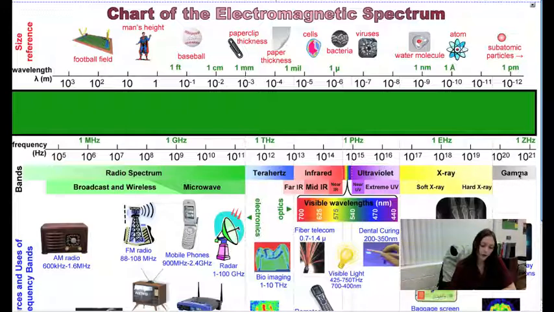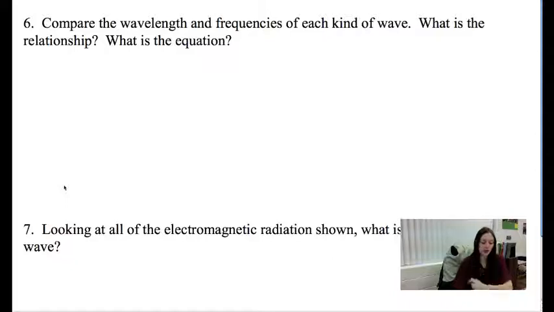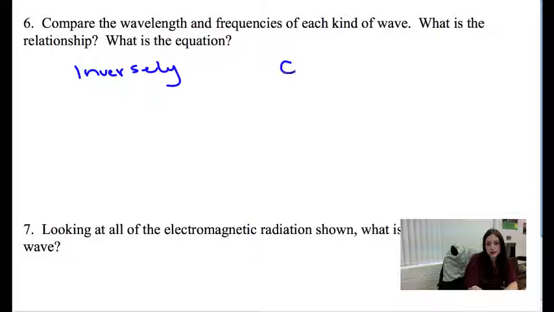Compare the wavelength and frequency of each kind of wave. What is the relationship and what is the equation? I looked at this earlier. Remember that they are inversely proportional. And we already looked at this equation. That's that C equals wavelength times frequency.